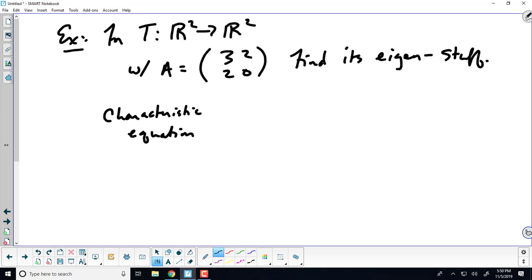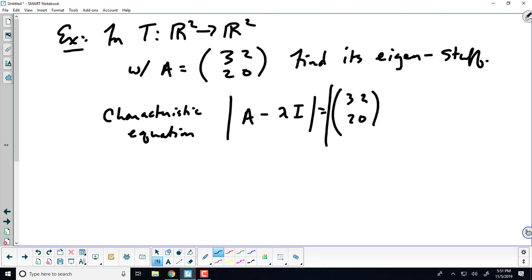What's the characteristic equation? It's the determinant of A minus some unknown lambda I. And we need to force this thing to be 0, right? That'll give us our eigenvalues, from which we'll be able to find our eigenvectors. So we'll take the determinant of the matrix 3, 2, 2, 0, minus lambda times the identity, 1, 0, 0, 1.